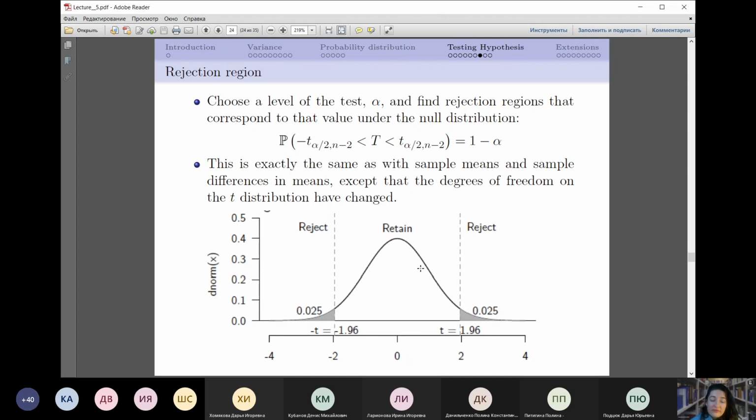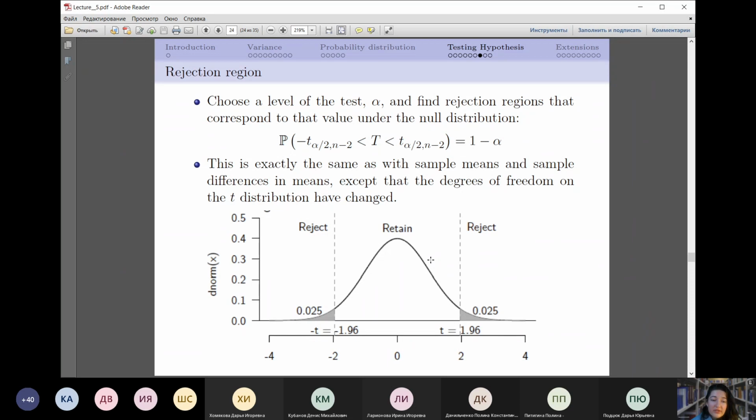And in this graph, you can see two shaded areas that are equidistant from the null hypothesis value, and the total probability of these equidistant areas equals 0.05. So a 5% significance level. And we call these shaded areas the critical region for a two-tailed test. We have a two-tailed test here.